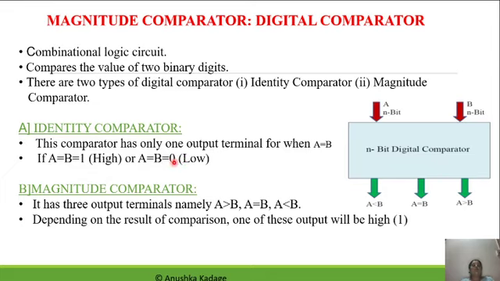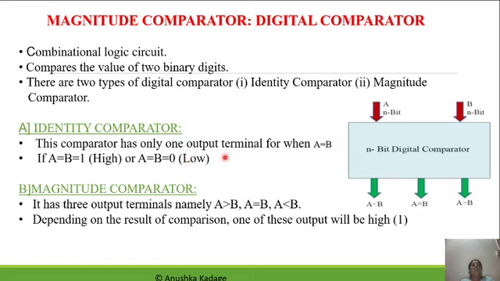Active low output means that the output is indicated when the output value is 0. But the output is indicated as high when the output is marked as 1. So the IC will be either an active high output IC or an active low output IC.